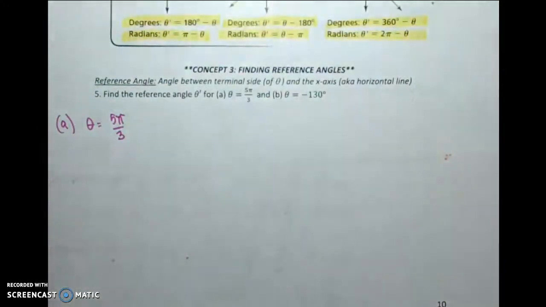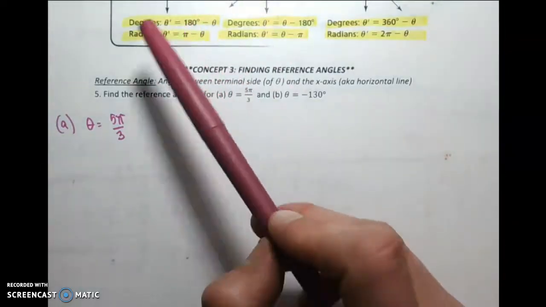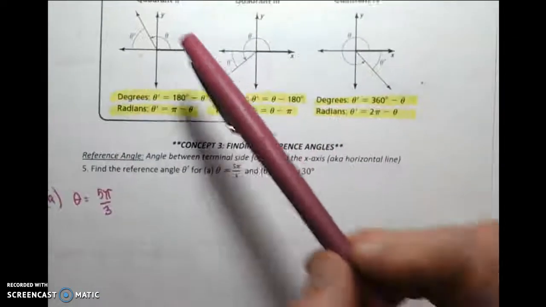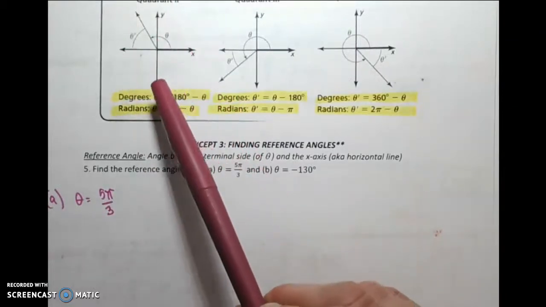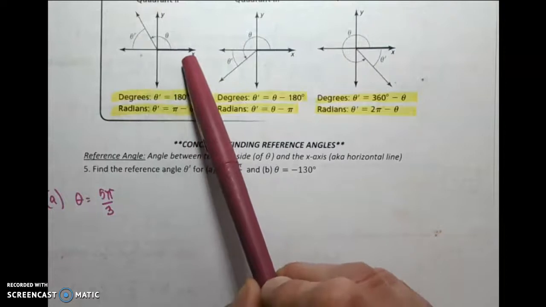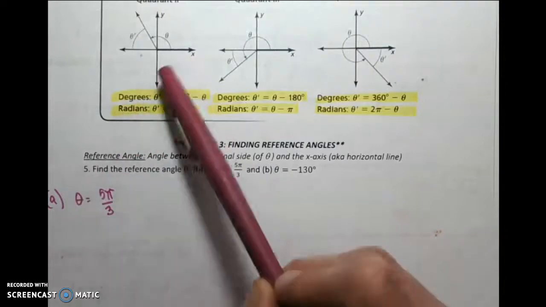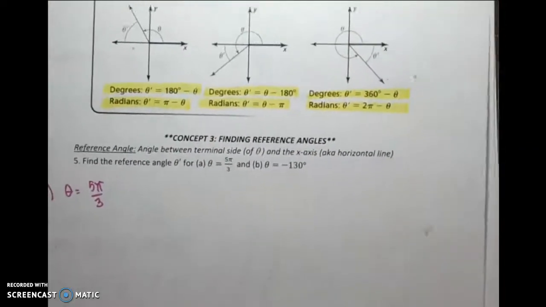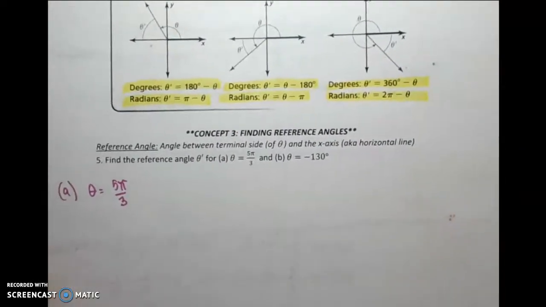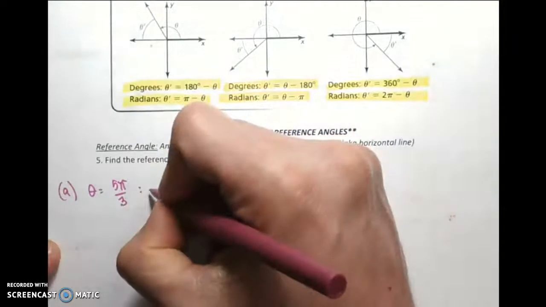So if I go up here real quick, it goes 0, half a pi, pi. This is 1.5 pi, and then back to 2 pi. So 5 pi over 3 is actually past this 1.5 pi, so it is in quadrant 4. So I'm going to put quadrant 4.